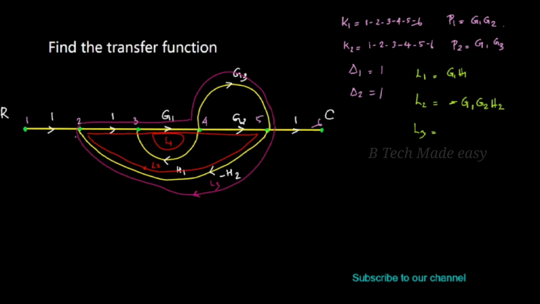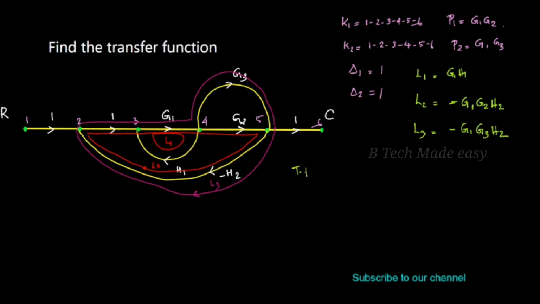Then what is L3? It starts from 2 and ends at 2, but it completes through another branch. So L3 is 1 into G1 into G3 into minus H2, so minus G1 G3 H2. These are the loop gains.